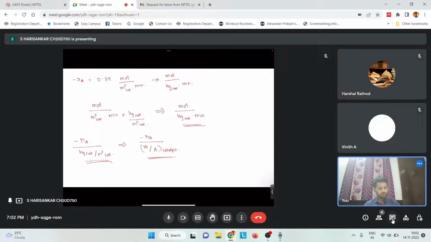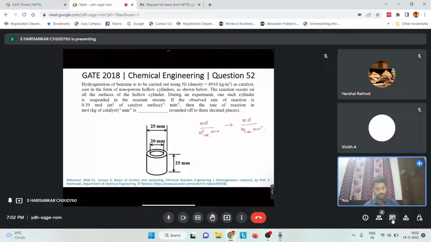So we can use these dimensions and find the volume of the catalyst. The formula for the volume of a cylinder will be pi d square by 4 into h. We'll just use this formula to find the volume of the catalyst.